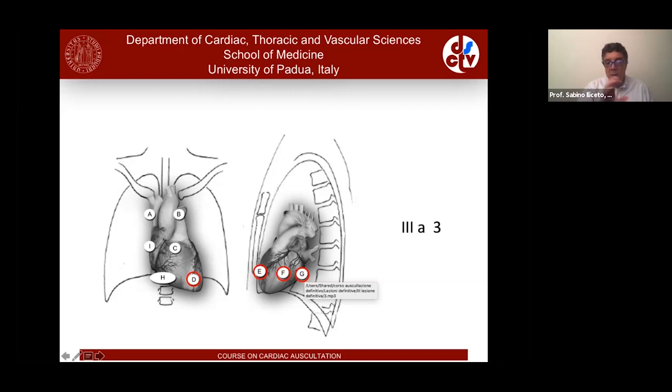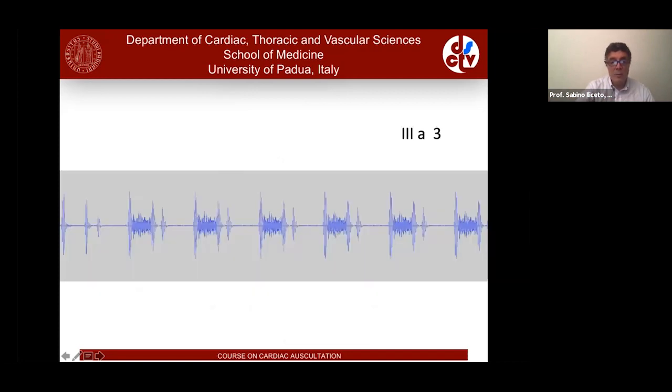But if you put the two things together, the fact that the murmur reaches the posterior axillary line and that you also have the third sound, the two together are the expression of a very severe mitral regurgitation with enlargement of the left atrium that is the effect of severe mitral regurgitation. So before I start, please appreciate here the first sound, the regurgitant murmur, the second sound, and the third sound.